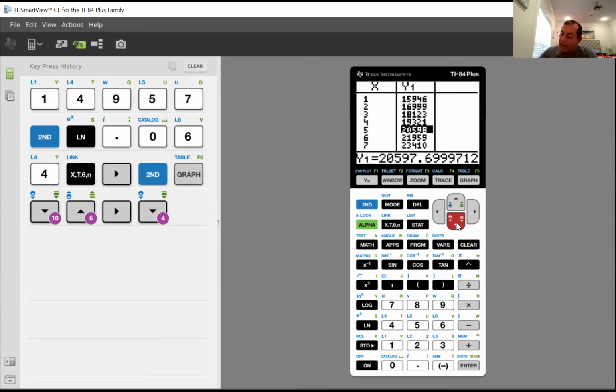That is 20,597 point, y'all look at that, 699. That's going to round everything up to a 0.70. Since I got to round that 9 up to a 10, basically, that means the 6 becomes a 7, okay?